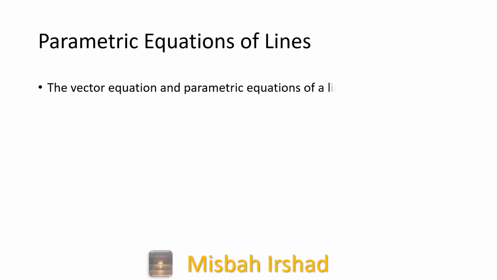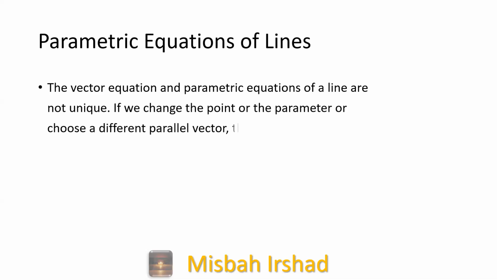So the vector equation and parametric equations of a line are not unique. This is important to note. If we change the point or the parameter or choose a different parallel vector, then the equation changes.